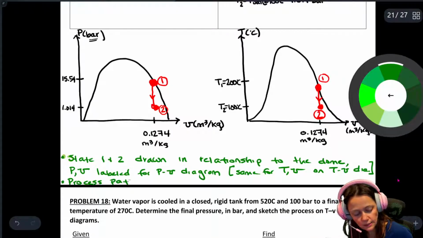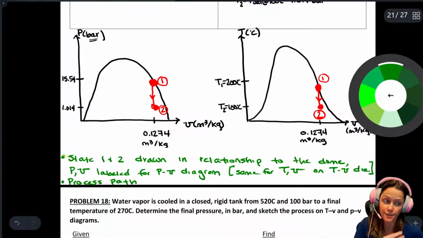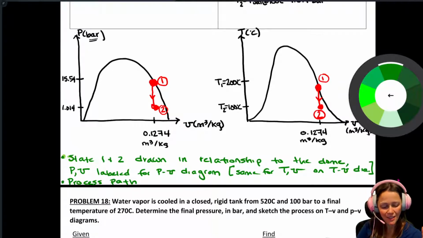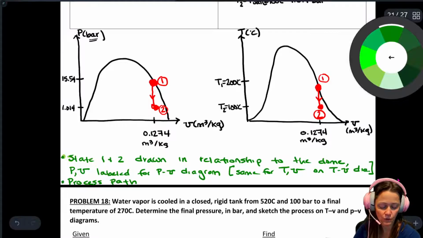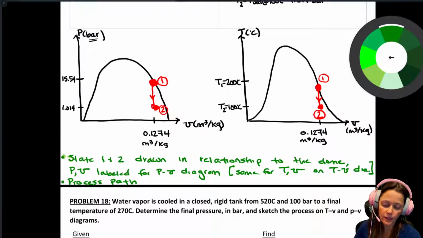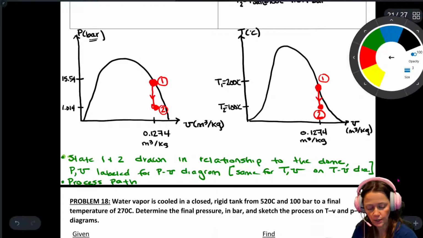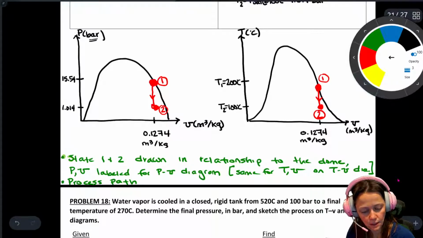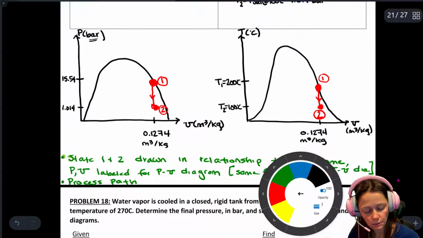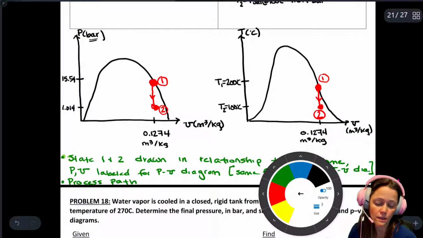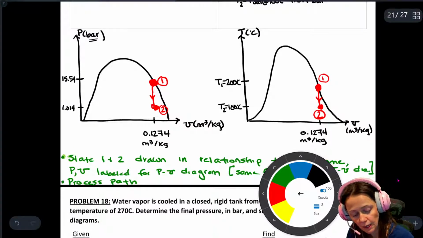It's pretty easy for a constant volume process, because it's going to go straight up and down. Your specific volume doesn't change. But say, and I'm going to draw something here and erase it in just a second, that instead of a constant volume process, maybe you had a constant temperature or constant pressure process.